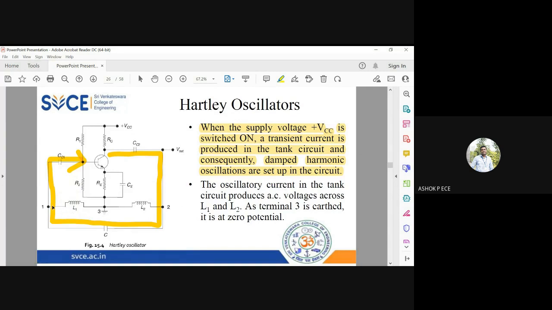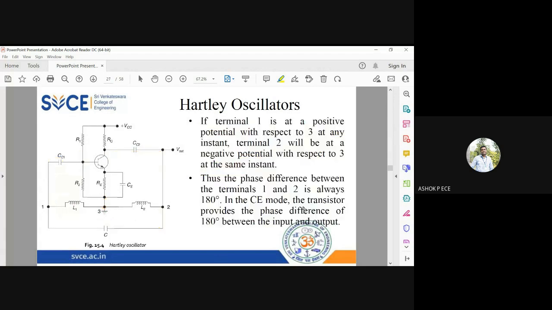So here you see the midpoint of L1 and L2 is grounded, and across which you have the capacitor connected. So this ground can be common to the ground which you have in the common emitter amplifier. Okay, so if terminal 1 is positive with respect to 3, you know that 1 is input and 3 is ground.